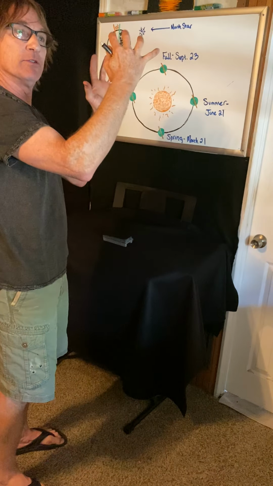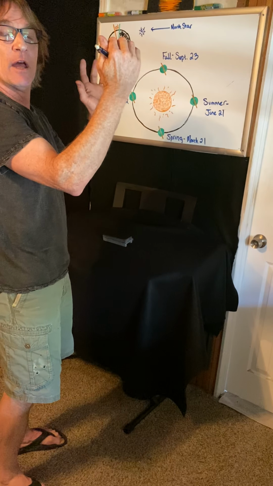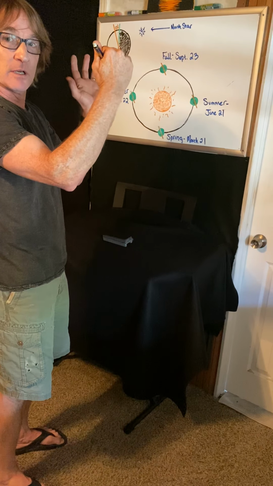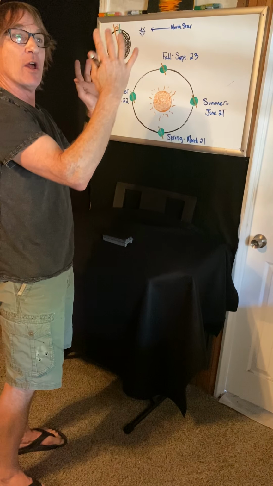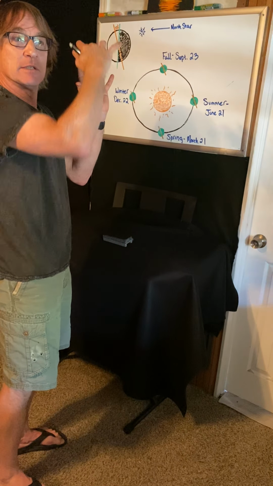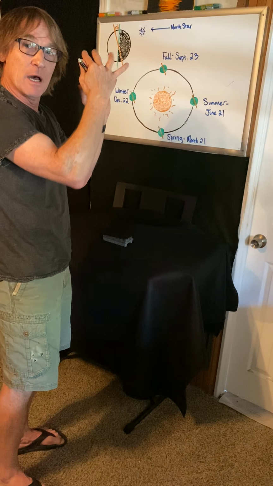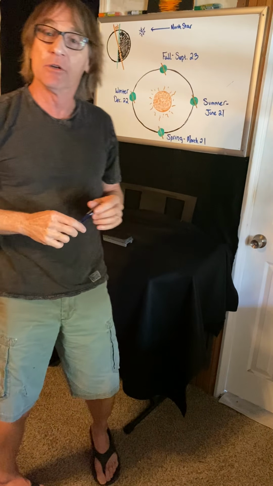And the more tilted you are away from the sun, the less direct the rays, as we talked about, but also the more area there is for those rays to be absorbed by the Earth's atmosphere. And so those are the two main reasons why there is sometimes direct sunlight and heat and sometimes less direct sunlight and heat.